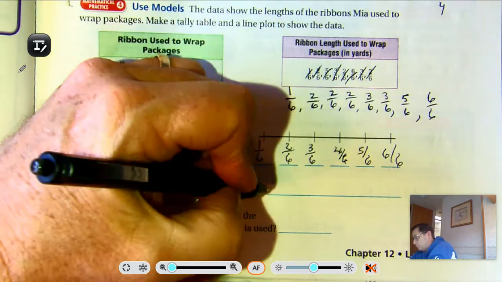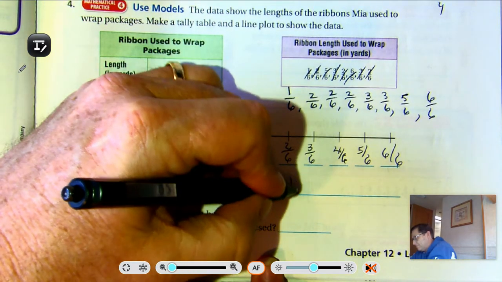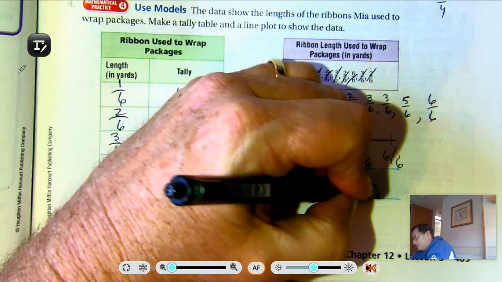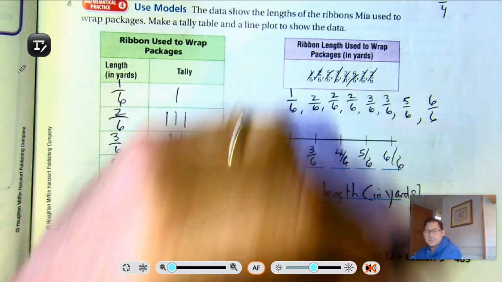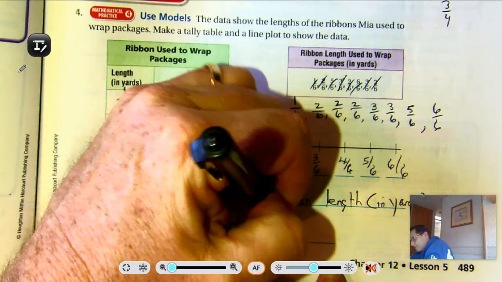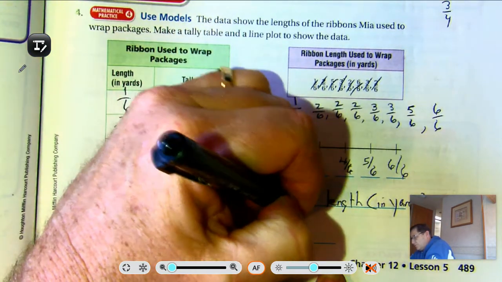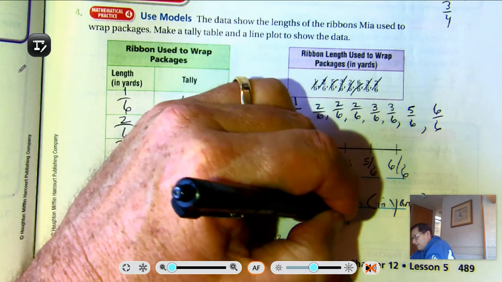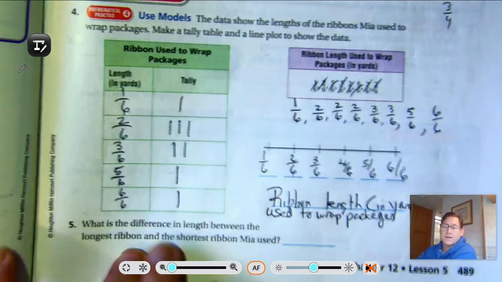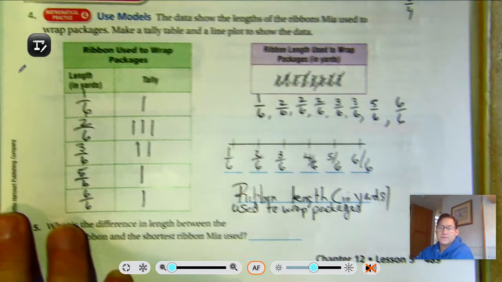The title is ribbon length, in yards. Technically, ribbon length used to wrap packages. Okay, so how many ribbons were 1/6?